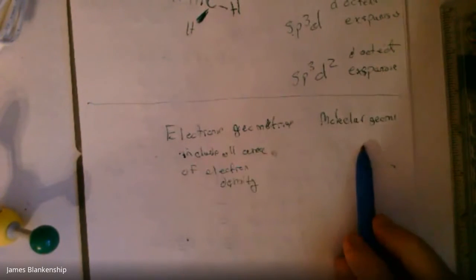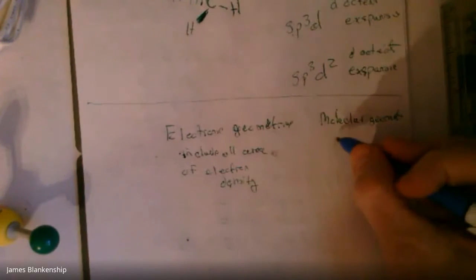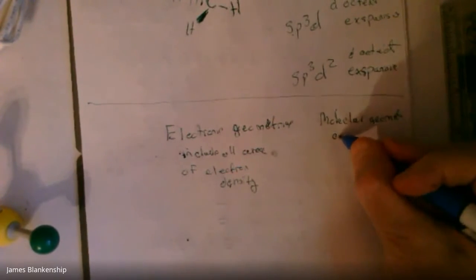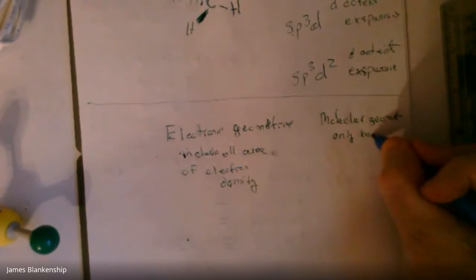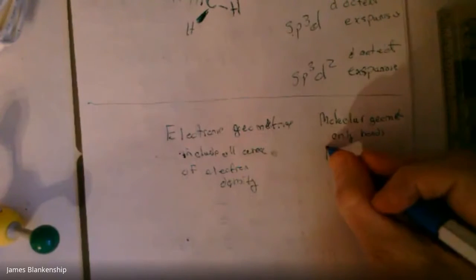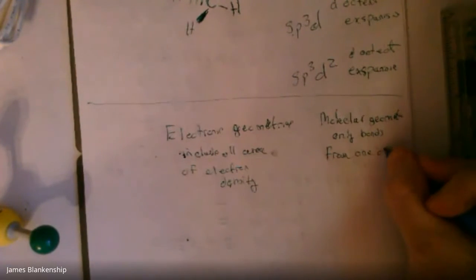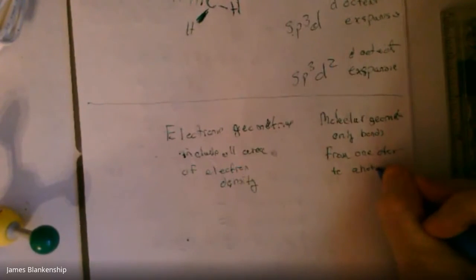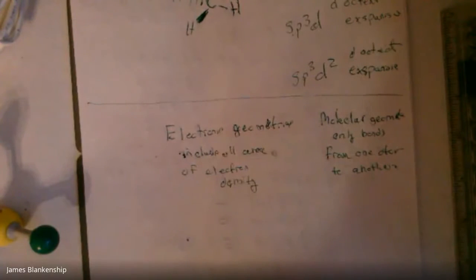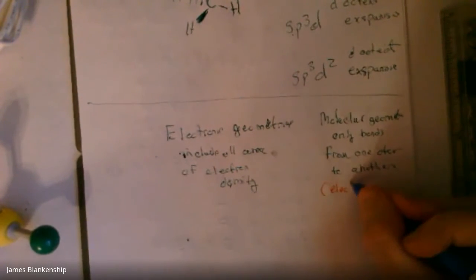But molecular geometries include only connections, or only bonds, from one atom to another. The key point that makes them different is that electron pairs are not counted.